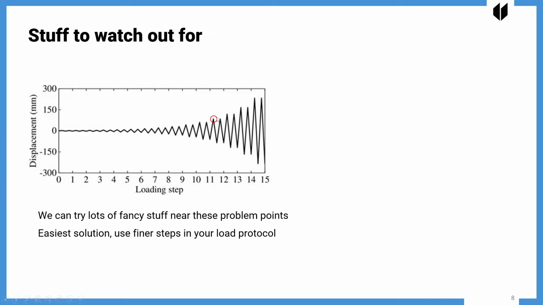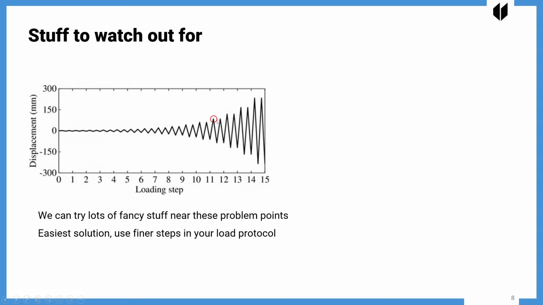So some strategies that we can use to help us here. There's a bunch of fancy things we could do in OpenSees, but at the end of the day, it comes down to we want to increment our load much more slowly near these points of big stiffness changes.